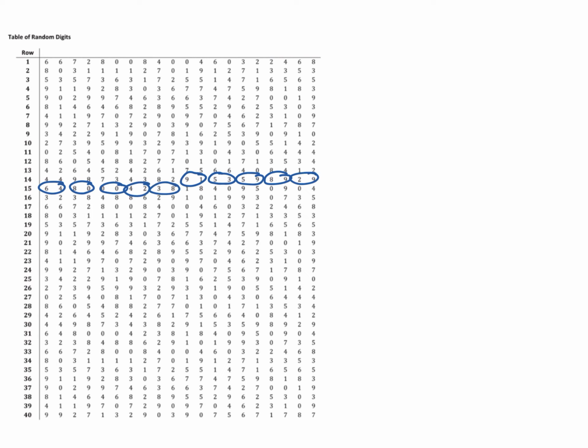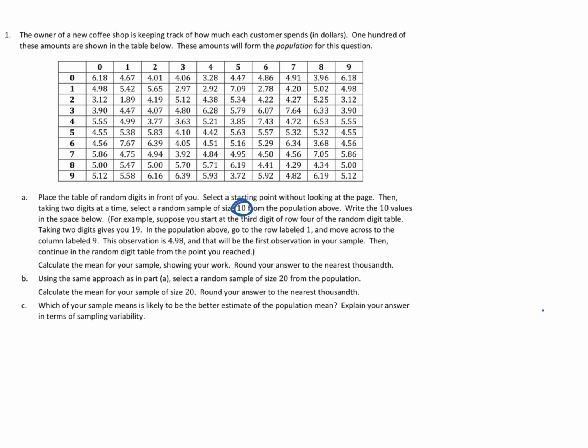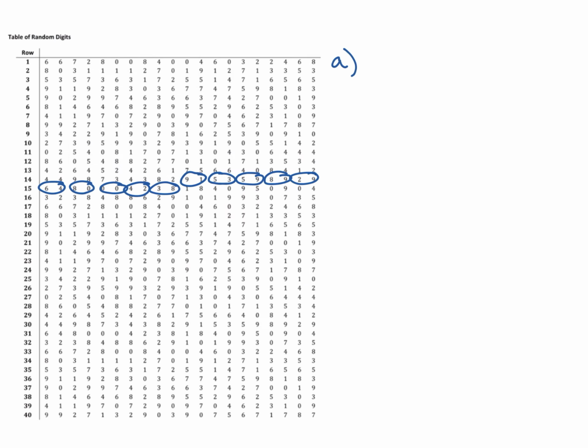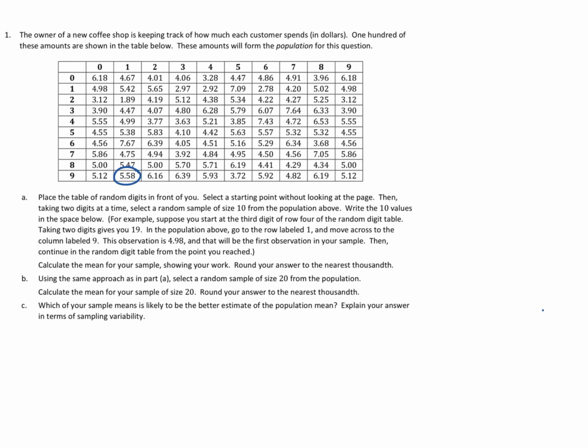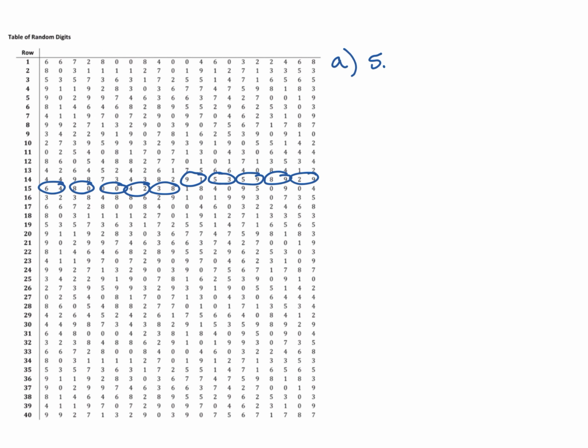So here are my 10. For part A, I'm going to use row 9, number 1. Remember, this is row 0. It's not column 0, not column 1. So this would be the first number in my list. Then I would need row 5, column 3.